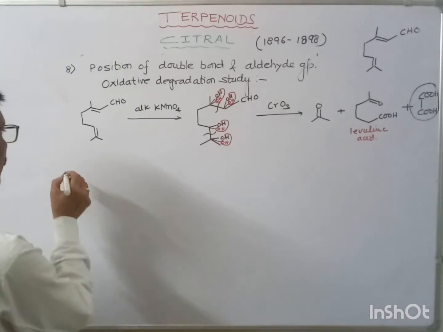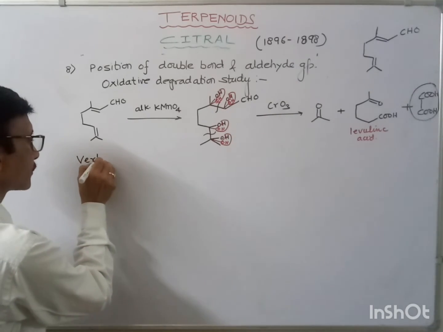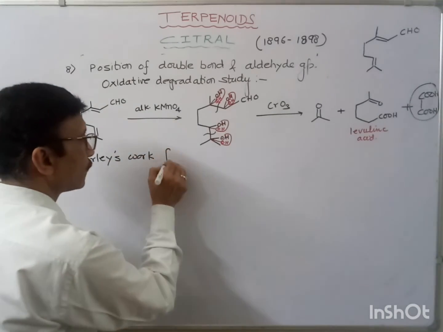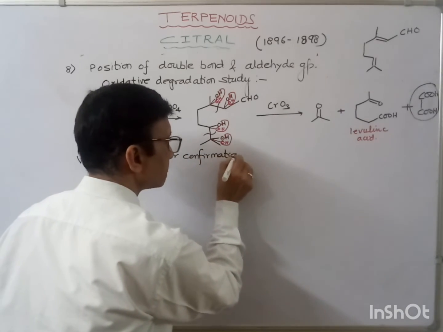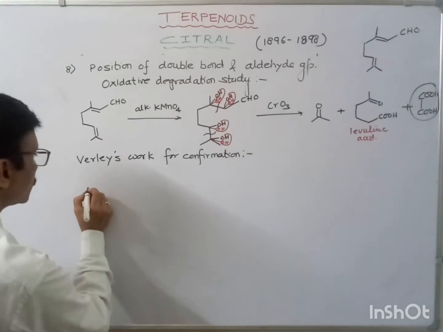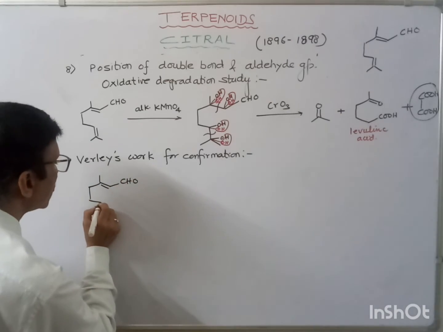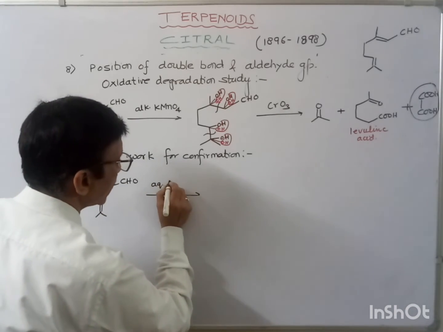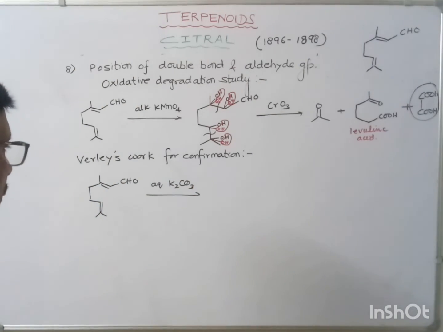Another final experiment that was done was Verley's work. So let's see Verley's work for confirmation of structure. What did Verley do? He took this molecule, the citral, and treated it with aqueous potassium carbonate.